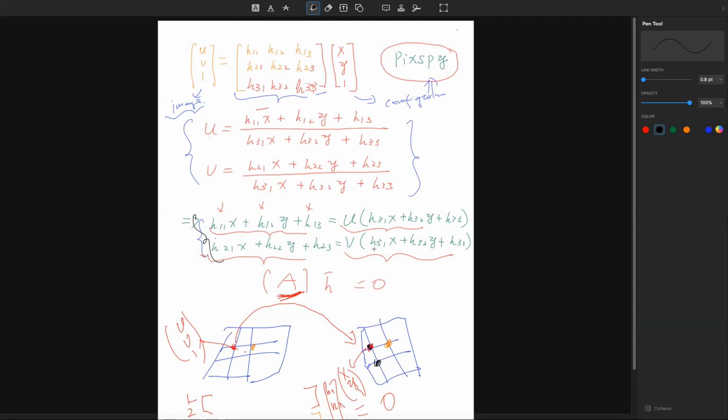From these two equations, you will get a situation where you have an H here, and you will append two rows of the matrix A. I need to rearrange this and put H in your unknown, and the matrix A will have two rows. Is that okay? Okay, thank you.